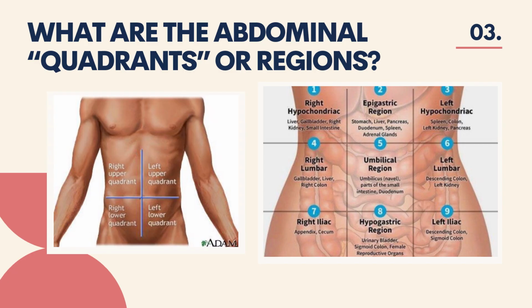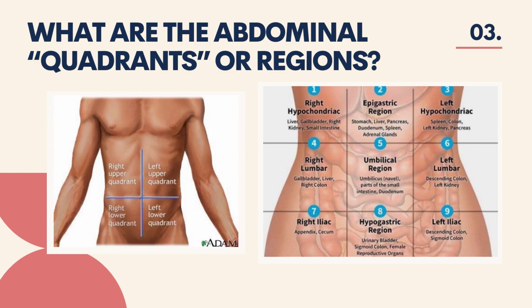And so if somebody comes in with, say, pain in that epigastric region, we know up in that region, your stomach sits there, the liver, pancreas, the duodenum, spleen, and the adrenal glands. So we are not concerned per se initially of maybe female reproductive organs. We're not thinking that they may have like an ovarian cyst.